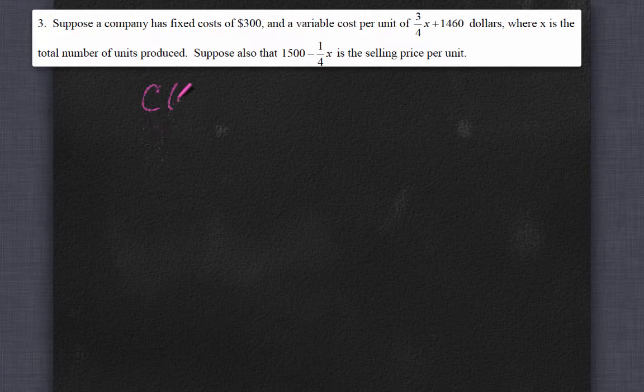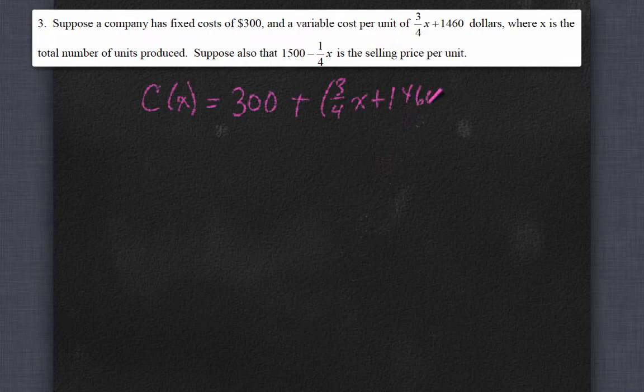Okay, so we have a fixed cost of $300. So cost in terms of x, the x part doesn't matter for the 300. I've just got a 300 and it's just gone, spent. A variable cost per unit of this, times the number of units. This is per unit, so this times the number of units. X is the number of units.